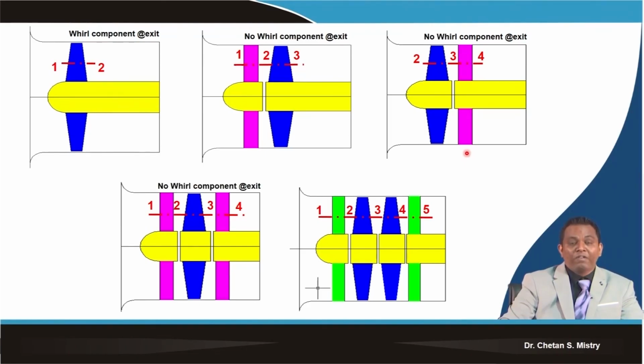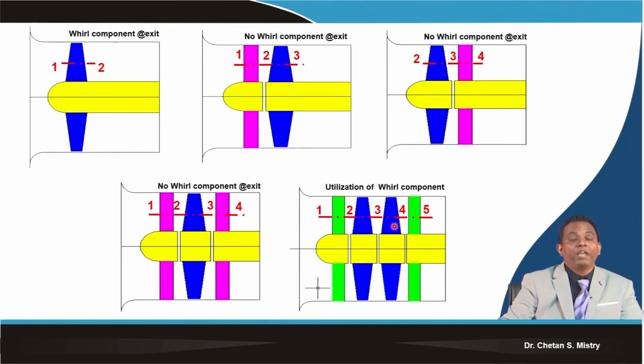Even for the inlet guide vane, rotor and outlet guide vane configuration, we are not taking any benefit of the whirl component. But in the contra-rotating configuration, we realize the benefit of the whirl component coming out from rotor 1, which is utilized so the flow enters rotor 2, which is rotating in the counterclockwise direction.